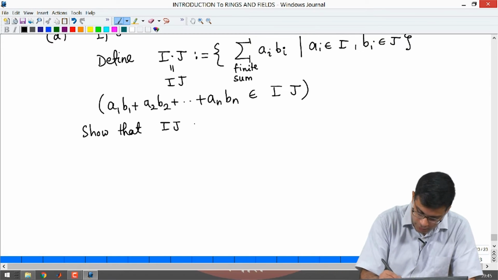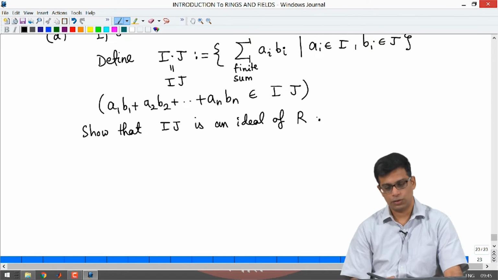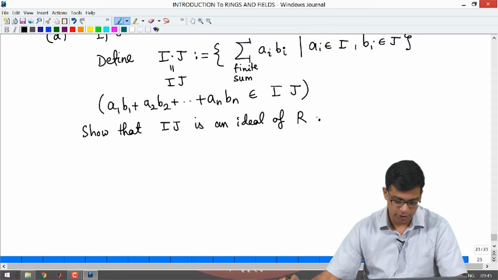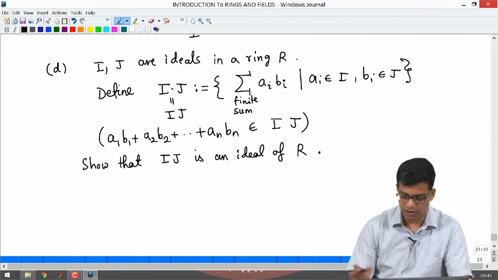So, now I define it this way and I want to show that IJ is an ideal of R, and this is very simple actually. Why is it an ideal?